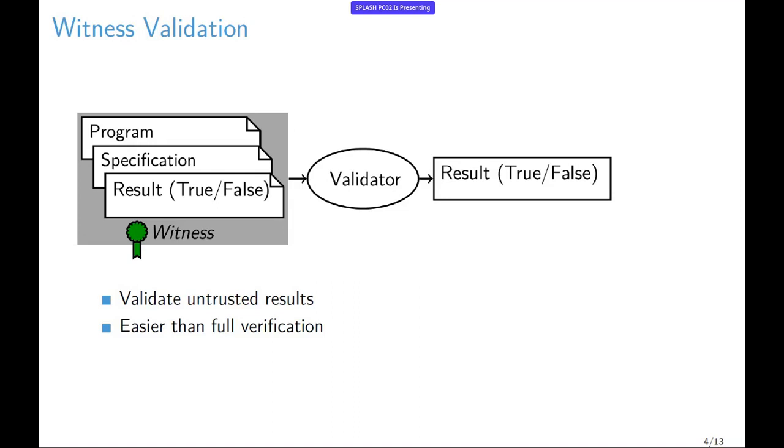For example, we could use untrusted verifiers. We could use verifiers that guess an invariant, for example. We could use machine learning and all that stuff that gives us imprecise answers, because we don't trust the result anyway. We give it to the validator to be sure that it's correct, right? And also validation is normally easier than the full verification.